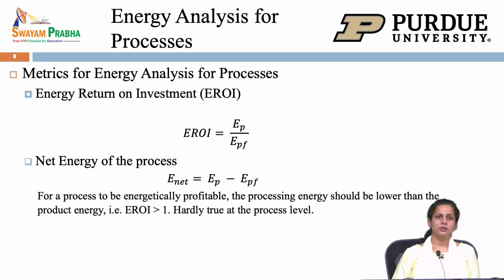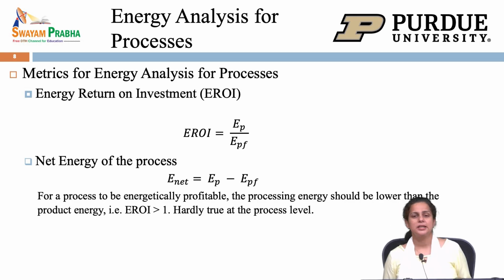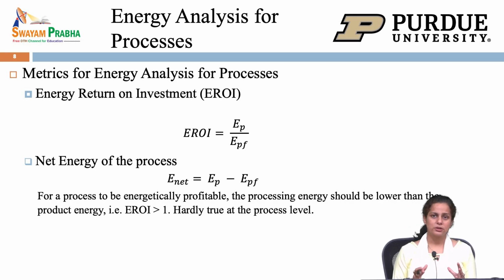The next metric for energy analysis is the energy return on investment. Energy return on investment is defined as EP divided by EPF. EP is your energy in the product and EPF is your energy for the processing. What this metric is telling us is that we have a process and we have the feedstock which has the energy, and we are investing additional energy of EPF, which is the processing energy, to convert it into the product.